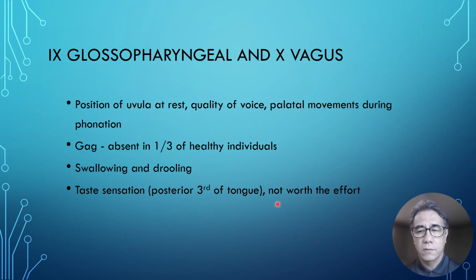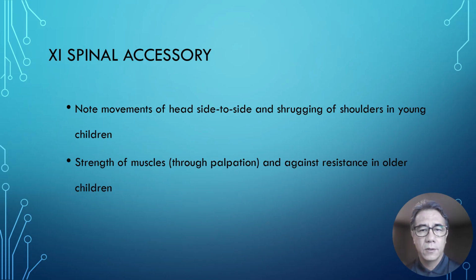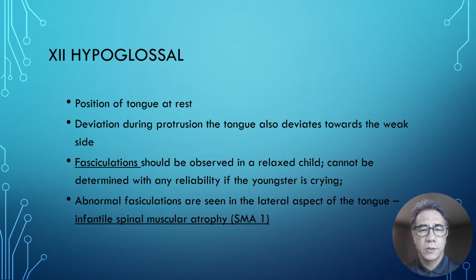But if they do complain of inability to taste, then it might involve these cranial nerves. Shoulder shrugging involves the spinal accessory muscles. It is elicited in older children. The position of the tongue at rest is usually midline and deviates during protrusion towards the weak side.